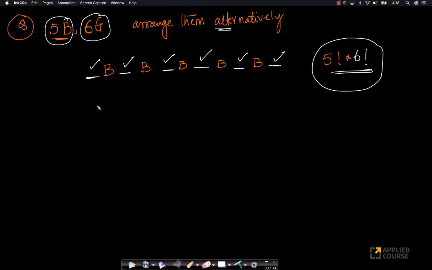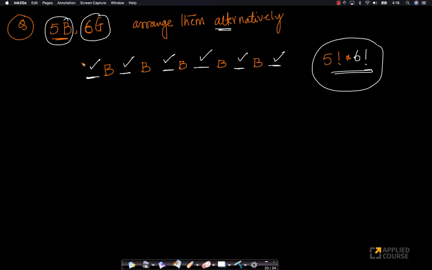That's the important differentiation. The next very interesting concept is called circular arrangements. What we have seen till now are called linear arrangements because we are arranging people in a line or in a linear structure like an array. Till now, I'm arranging everything in a linear way, not in a circular fashion.